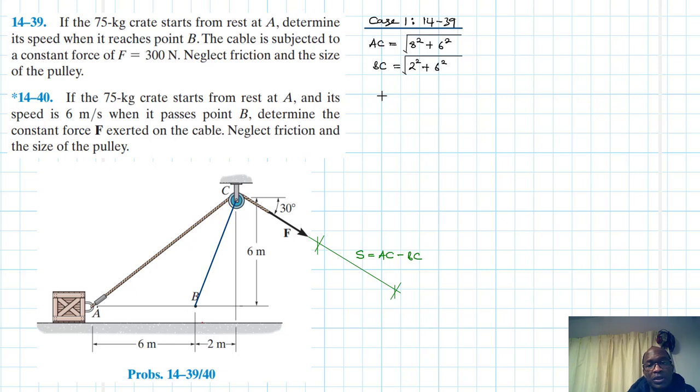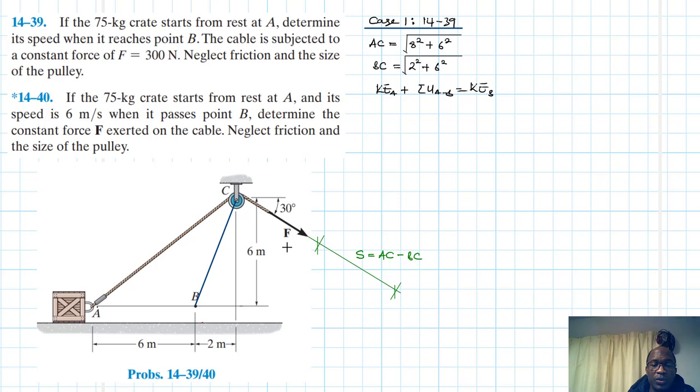So like we said, we are using the principle of work and energy. The initial kinetic energy of the box at A, plus the total work done from point A to B, is just equal to the total kinetic energy at B. Kinetic energy is always positive.